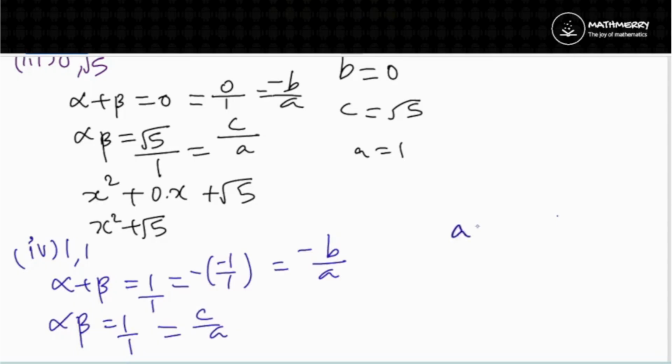So a is 1 and b is minus 1 and c is again 1. So our required polynomial will be x square minus x plus 1.